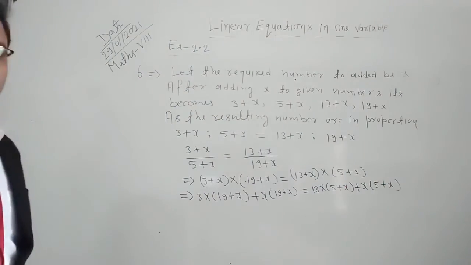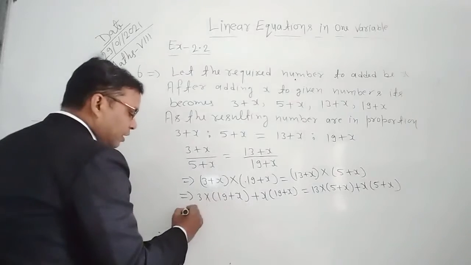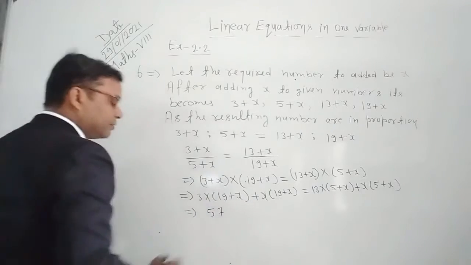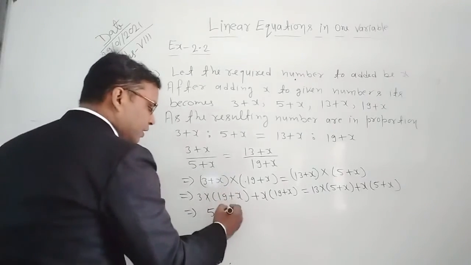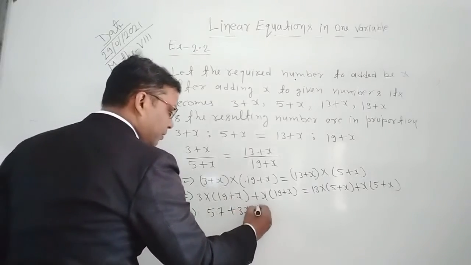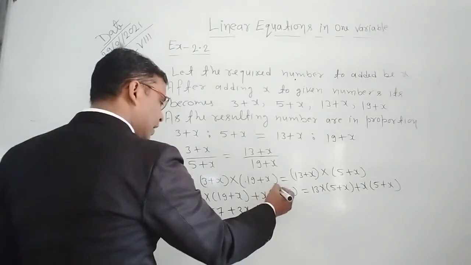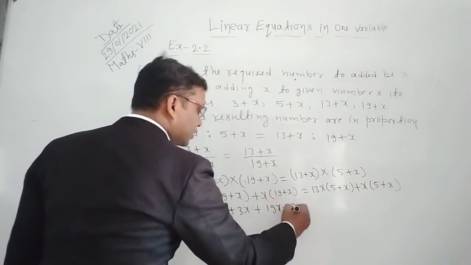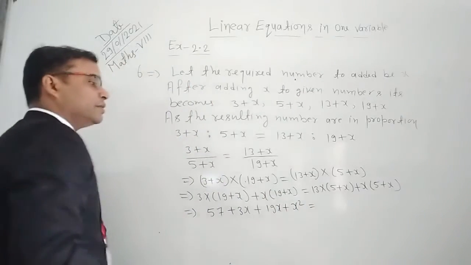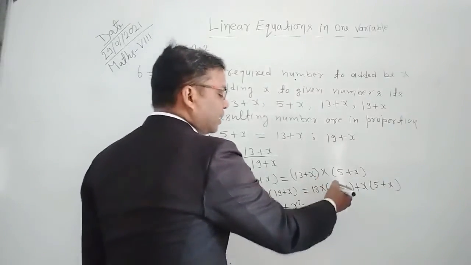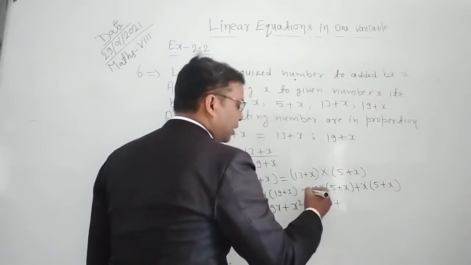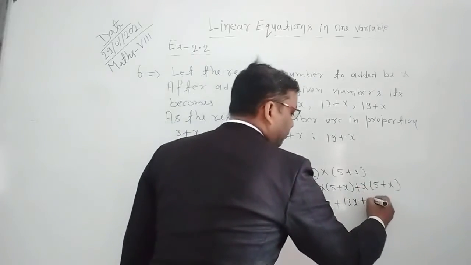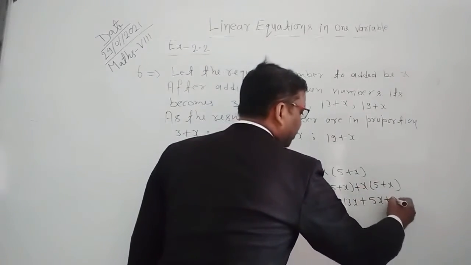Now you can multiply. 3 into 19 is 57, and 3 into x is 3x. Again 19 into x is 19x, plus x into x is x square. This is equal to 13 into 5 is 65, plus 13 into x is 13x, plus x into 5 is 5x, plus x into x is x square.